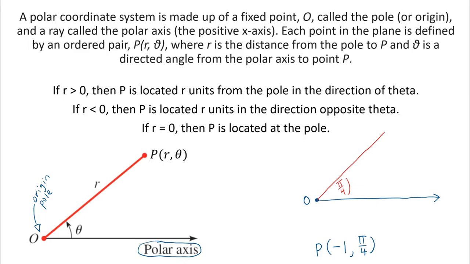If r is negative, then the point lies opposite theta. So in this case, our point P would lie 1 unit away from the origin on the angle opposite pi over 4. So in this case, our point P would be here.